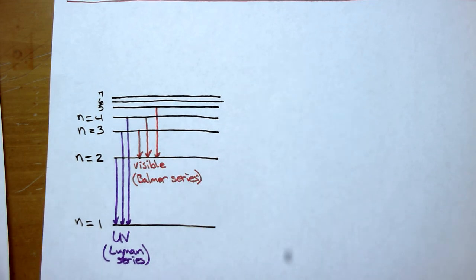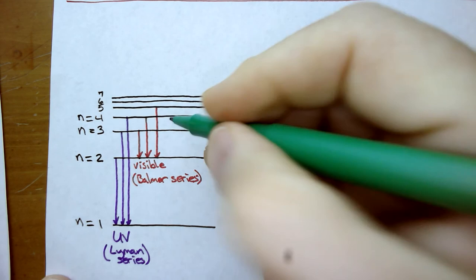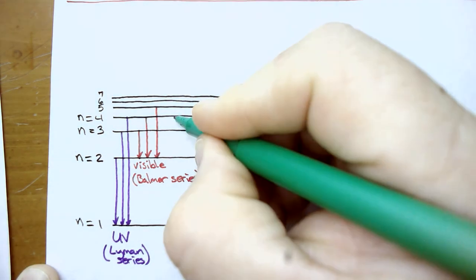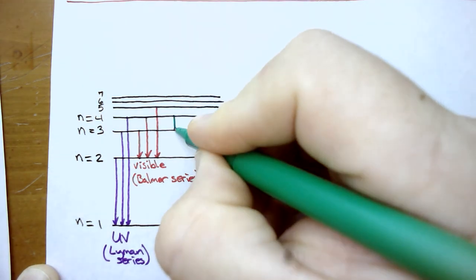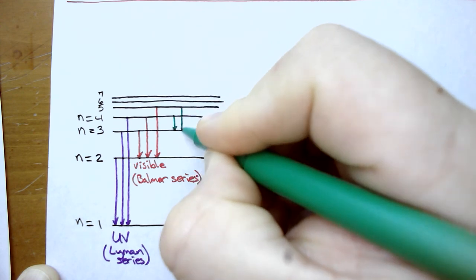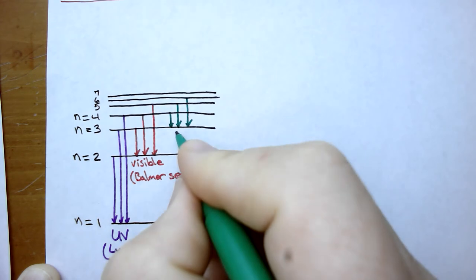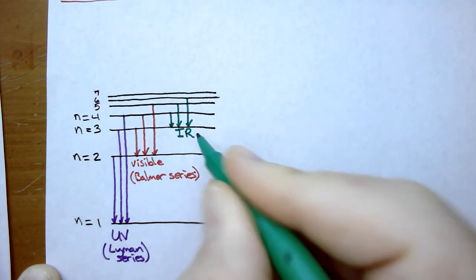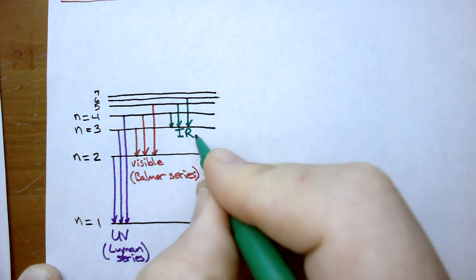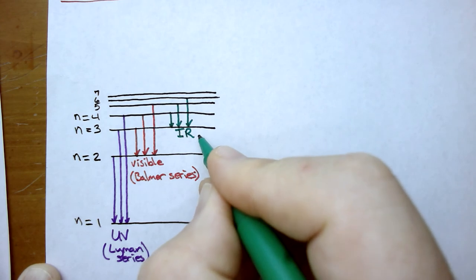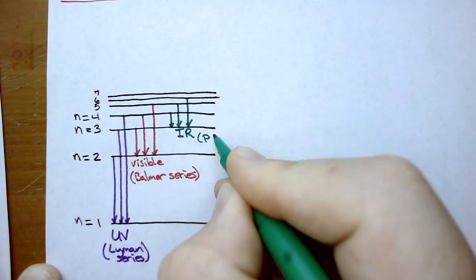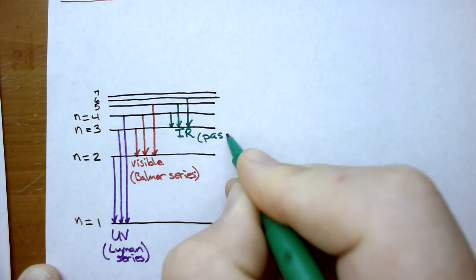And if they drop from any excited energy level to energy level 3, then that's infrared or IR spectra, and it's called the Paschen Series.